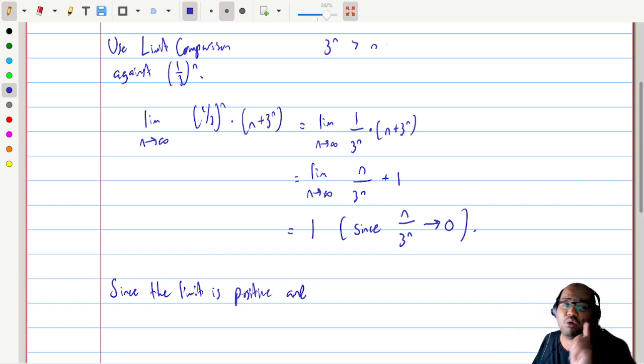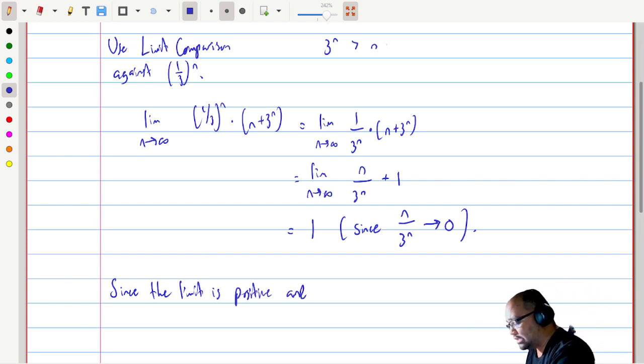and you'll see why I chose the reference series I did, because this sum here converges because it's geometric.